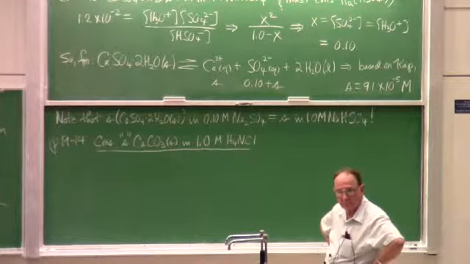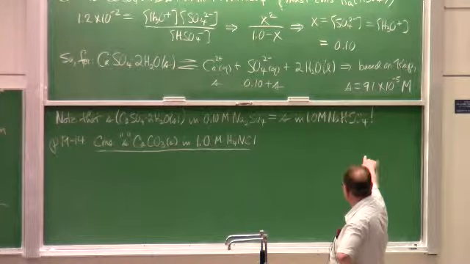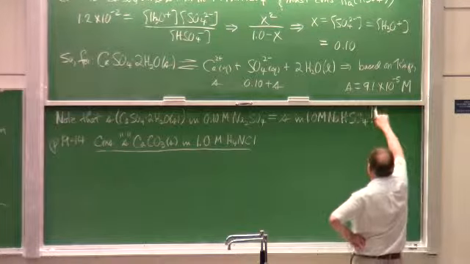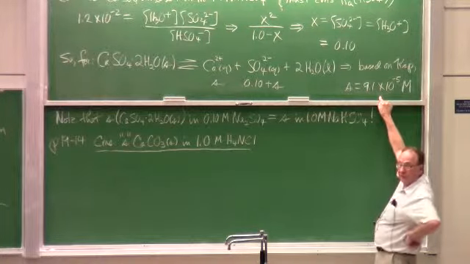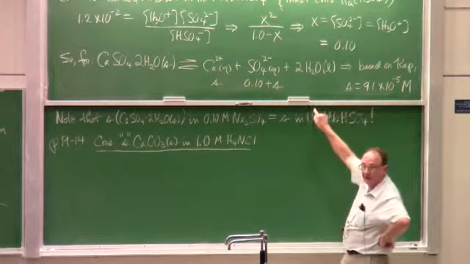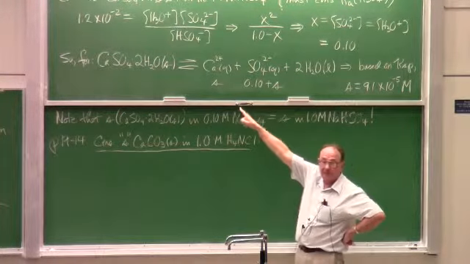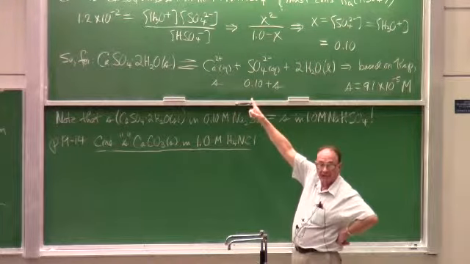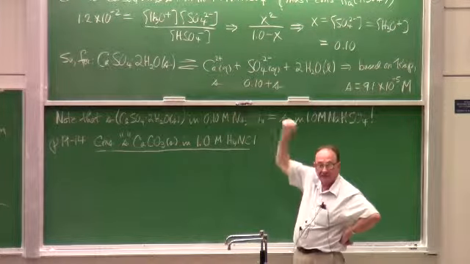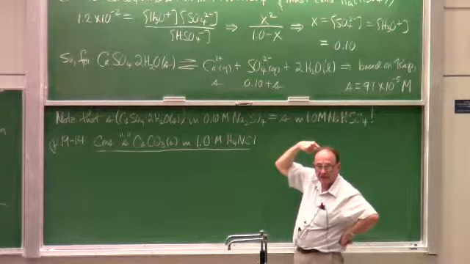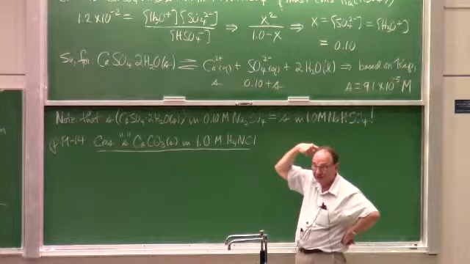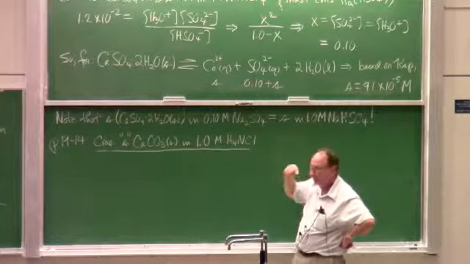Doesn't that reaction have an effect? Do you really think that 9.1 times 10 to the minus 5 moles per liter of sulfate ion, which is what you put in the system by establishing this equilibrium, is going to have an impact on hydrogen sulfate ion's ability to ionize? Not. You do the arithmetic for yourself, prove it. It's too small.